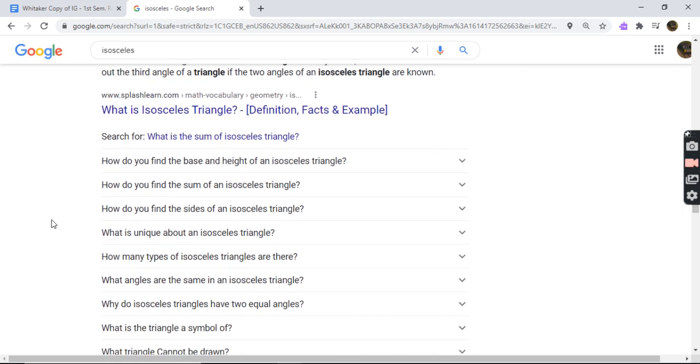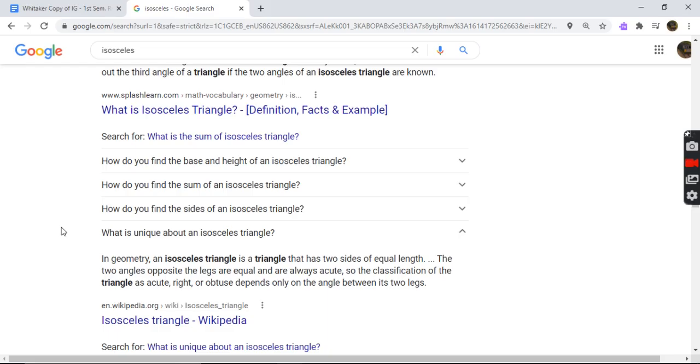Many people have been asking: what is unique about an isosceles triangle? In geometry, an isosceles triangle is a triangle that has two sides of equal length. The two angles opposite the legs are equal to each other, and are acute.